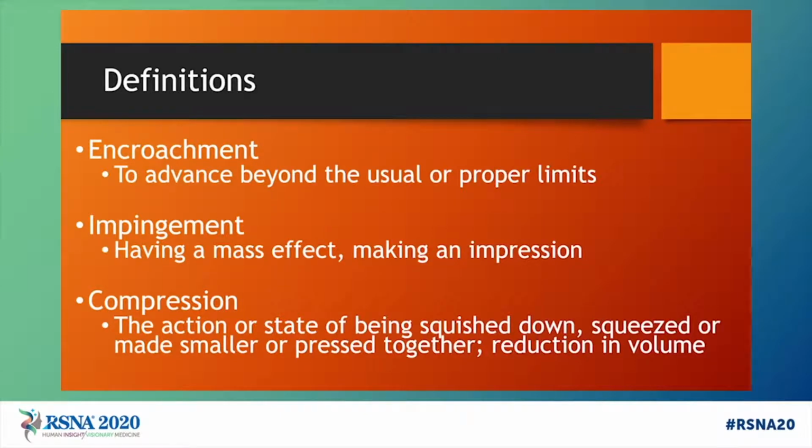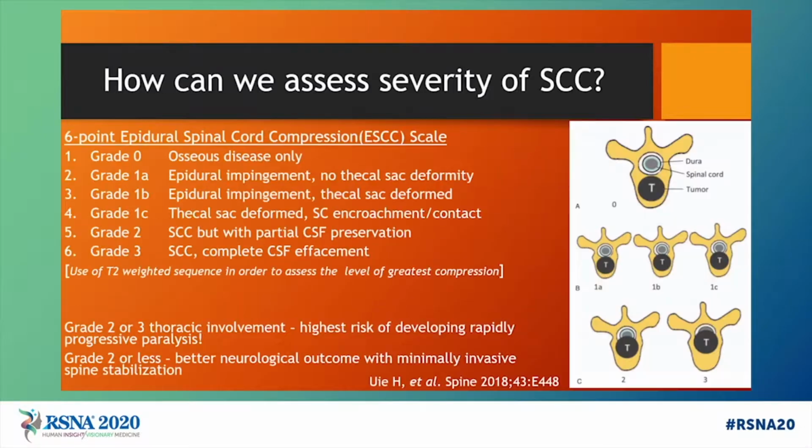Impingement, having a mass effect, making an impression. And compression, the action or state of being squished down or squeezed, suggesting an element of volume reduction with respect to mass effect. And with these terms in mind, how can we assess the severity of spinal cord compression?